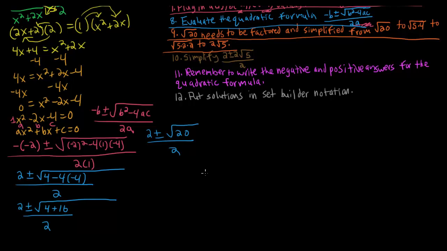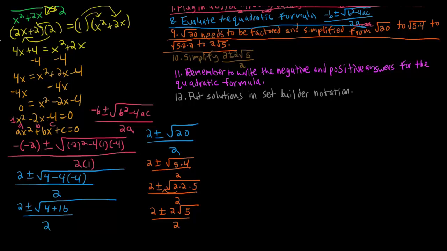So 2 plus or minus square root of 20 will factor into 5 times 4 over 2. 2 plus or minus the square root of 4 will factor into 2 times 2 times 5 over 2. And then with this 2, because there's 2 of them, we can move it to the left of the radical. So 2 plus or minus 2 root 5 over 2.